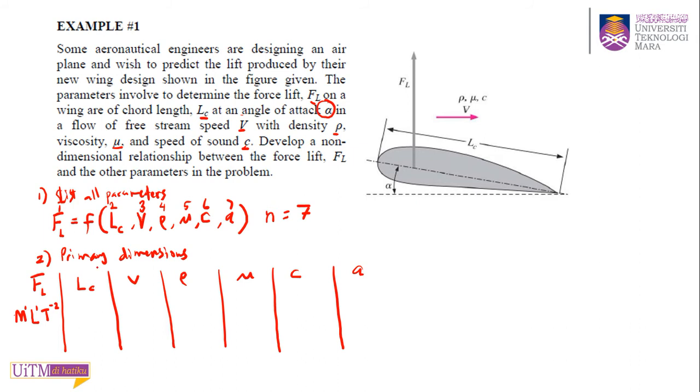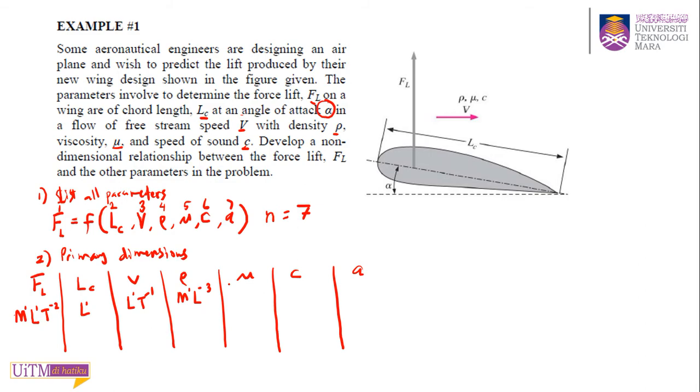And the length is easy, L1. And velocity again is quite common, L1 T minus 1. And the rho, mass over volume, so M1, volume is L cubed, so L minus 3. And the mu we already did earlier, Pascal times second.